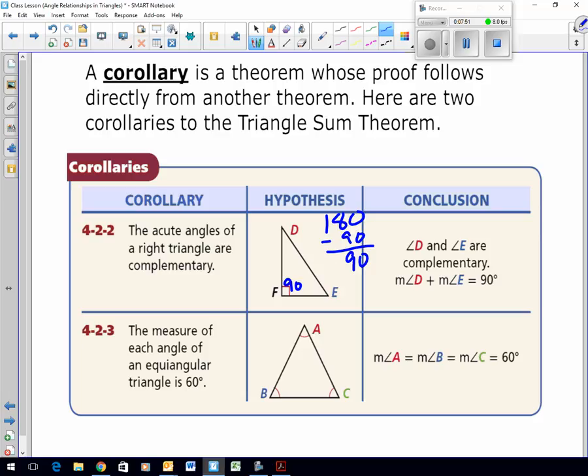All right, the measure of each angle of an equiangular triangle is 60 degrees. Bonus points to somebody who can explain why that's true. Since all the angles A, B, and C are equal, they're equal to 60.